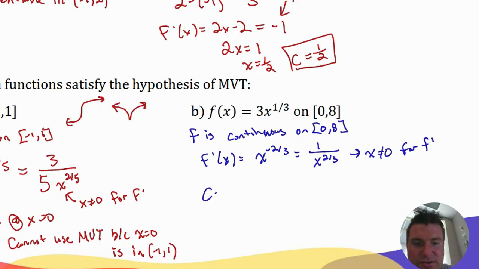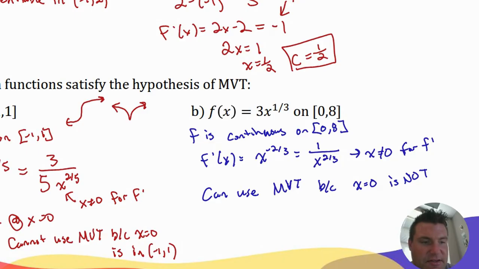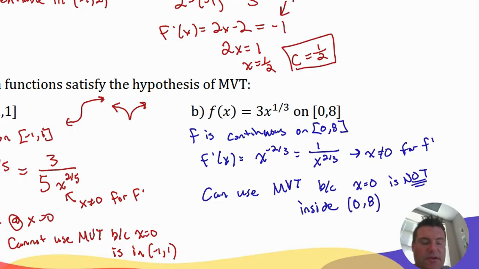So we can use MVT because x equals 0 is not inside of 0 and 8. Essentially, we can use MVT even if we're not differentiable at the endpoints. It does not matter to us. We only care about if we're differentiable inside.